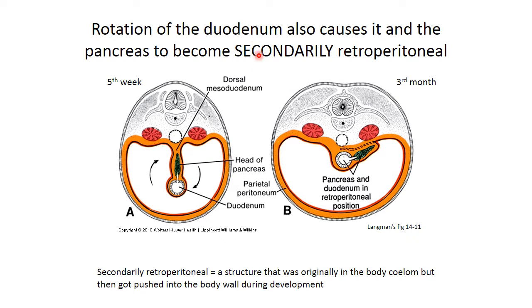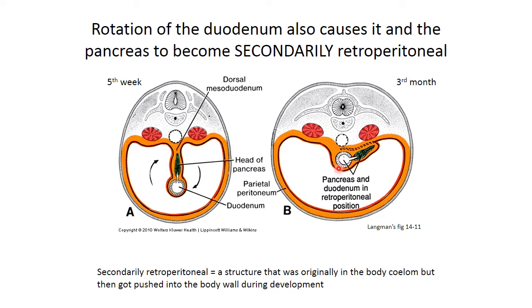Again here you can see that initially this is a peritoneal structure, and then there is a rotation. That rotation is associated with the rotation of the stomach. When the stomach rotates, it relocates the duodenum more towards the right side, as the pylorus is shifting towards the right and a bit upward with the final rotation of the stomach.